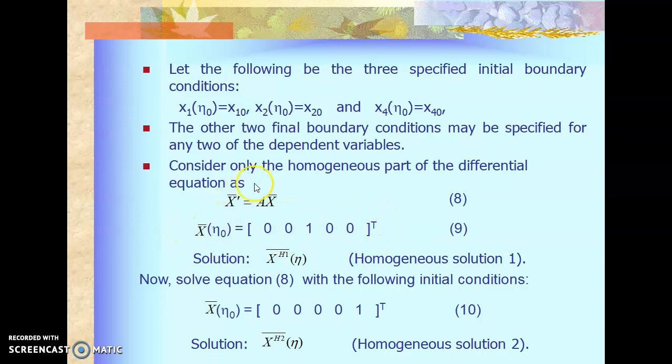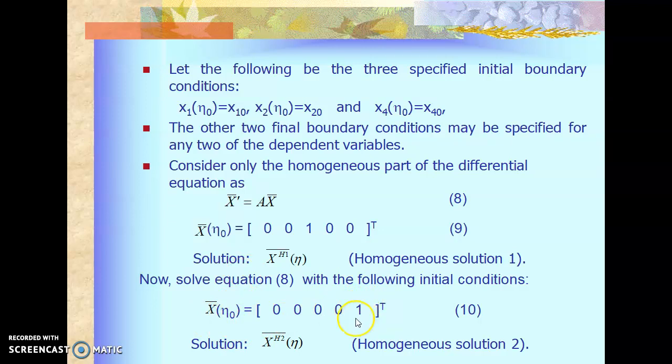Now we have to solve this homogeneous system with these initial conditions. The solution we get is called the homogeneous solution 1, which is denoted by xH1. Similarly, we will get the second homogeneous solution. For that, the initial conditions are now given by this.